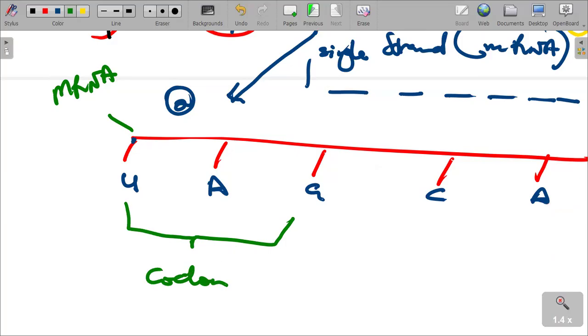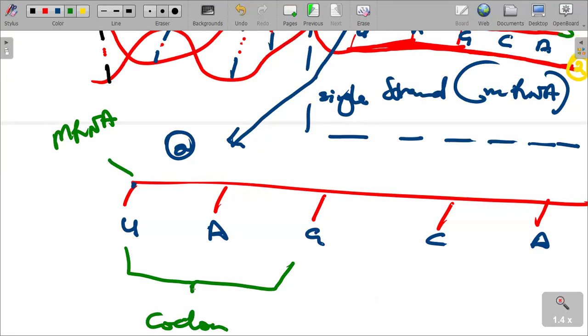A codon is the three nucleotide bases found on the mRNA which codes for an amino acid, which we will look at in the next step, translation. Codons are found on mRNA, a single strand formed during transcription using one of the strands of DNA as a template.